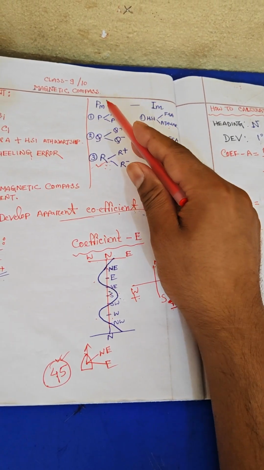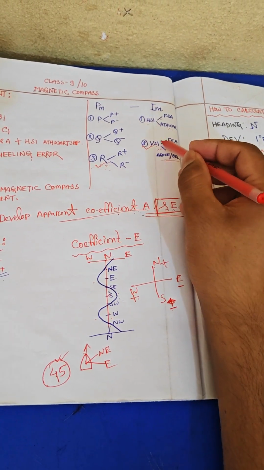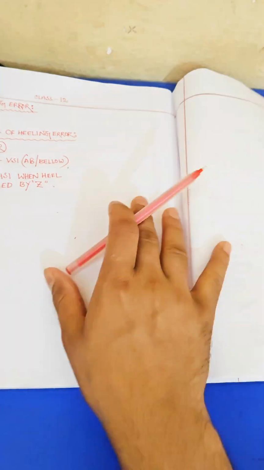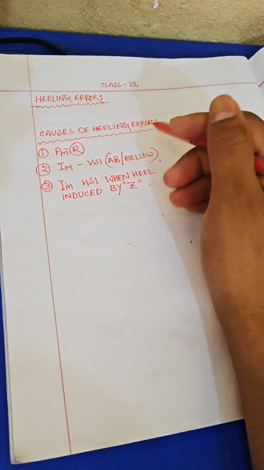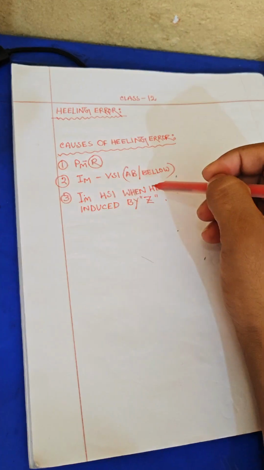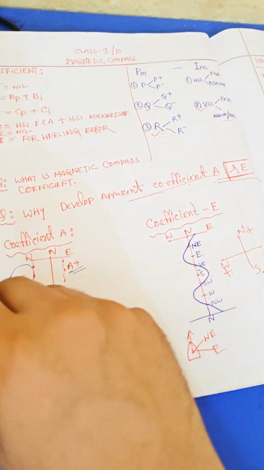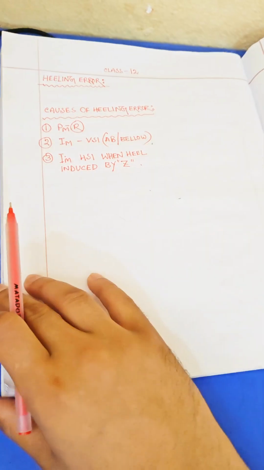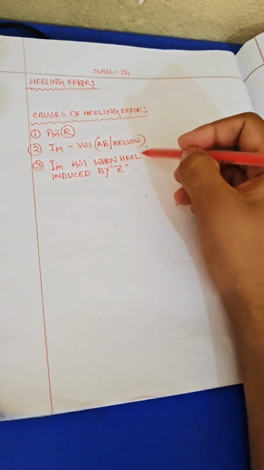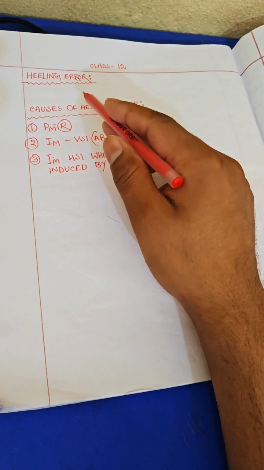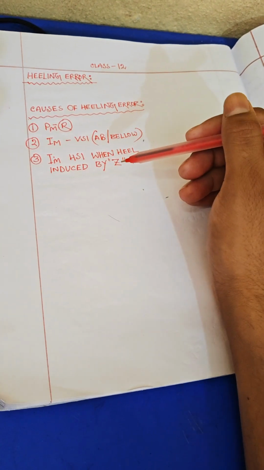One is the R force from PM, another is BSI above or below from IM, and one more additional, that is the HSI. HSI is when heeled, induced by Z. So these three are the causes for heeling error, and for this heeling error the J coefficient comes.